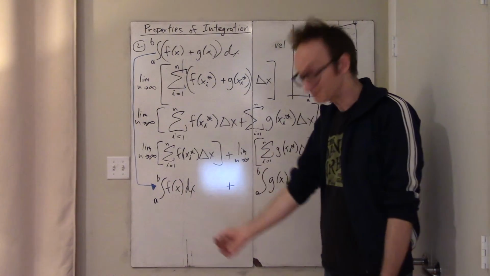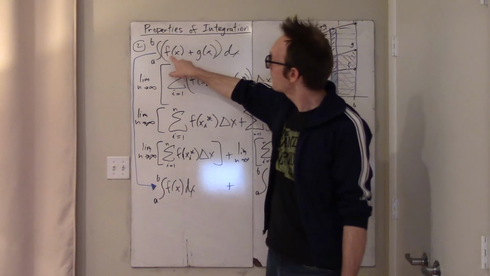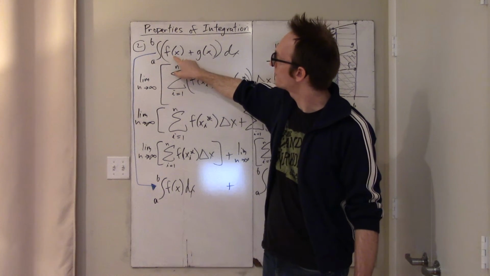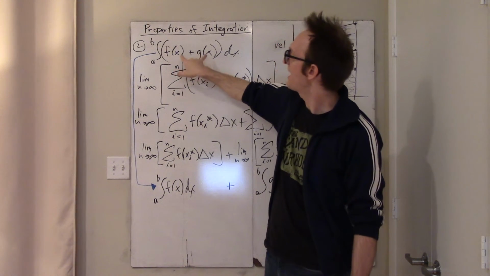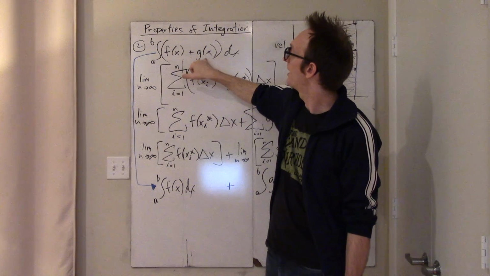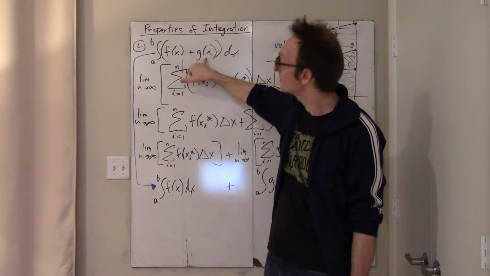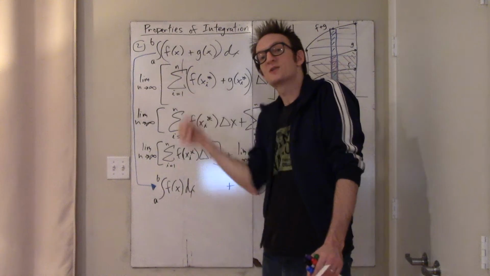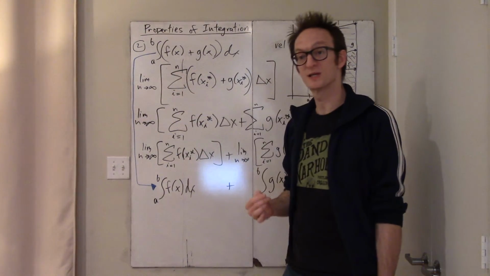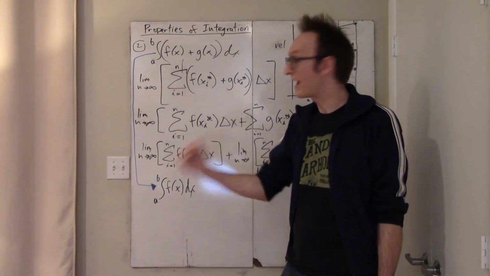Well, if you add the velocity of the train relative to the ground and the velocity of the person walking on the train relative to the train, then you get the velocity of the person relative to the ground.